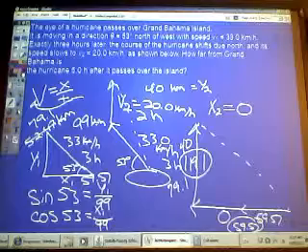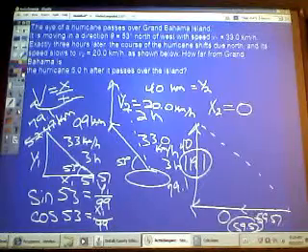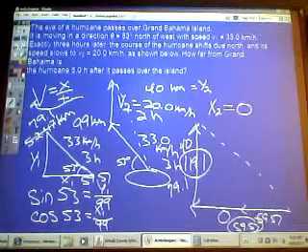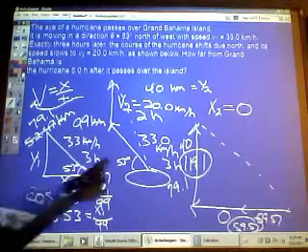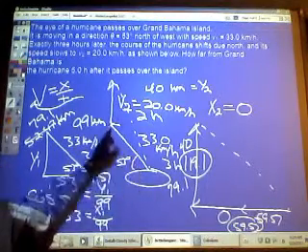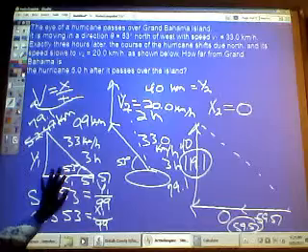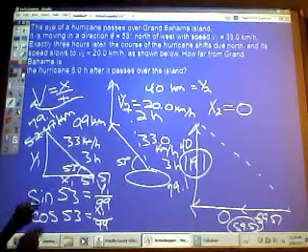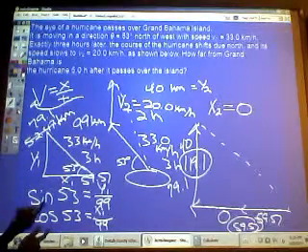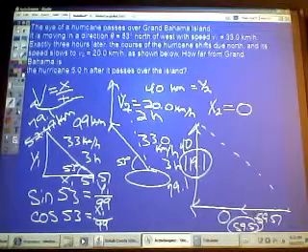So we aren't messing with that 33 kilometers per hour no more. We used it to find the displacement of this line here. That's the only way we were able to put a whole nother triangle.